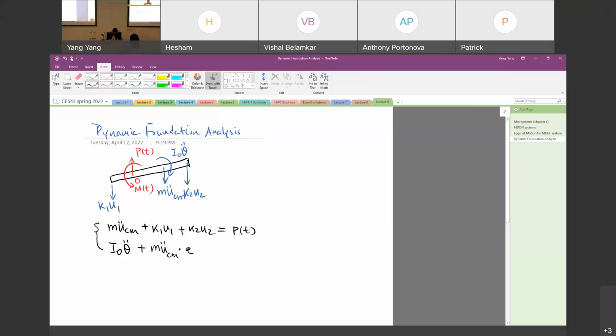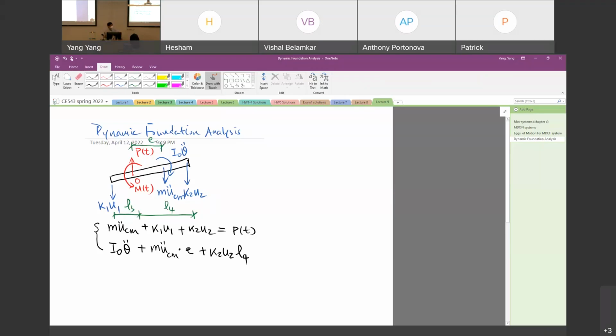That's the first moment, and also we have K2U2 times L4. Remember the distance information here. This is L4, and this is the eccentricity.